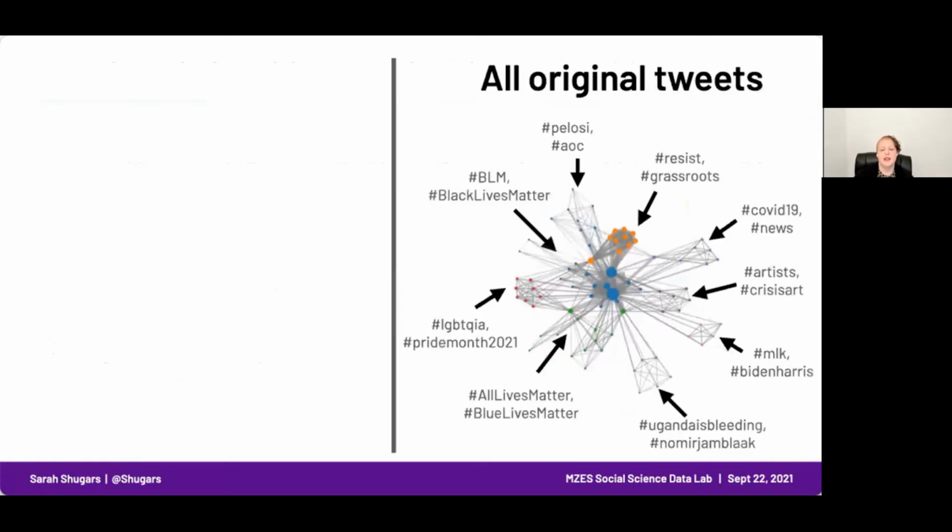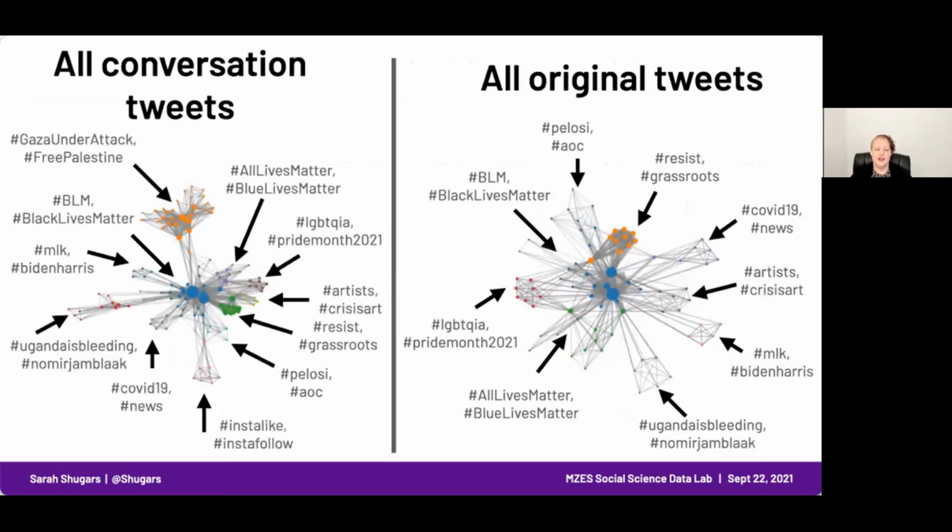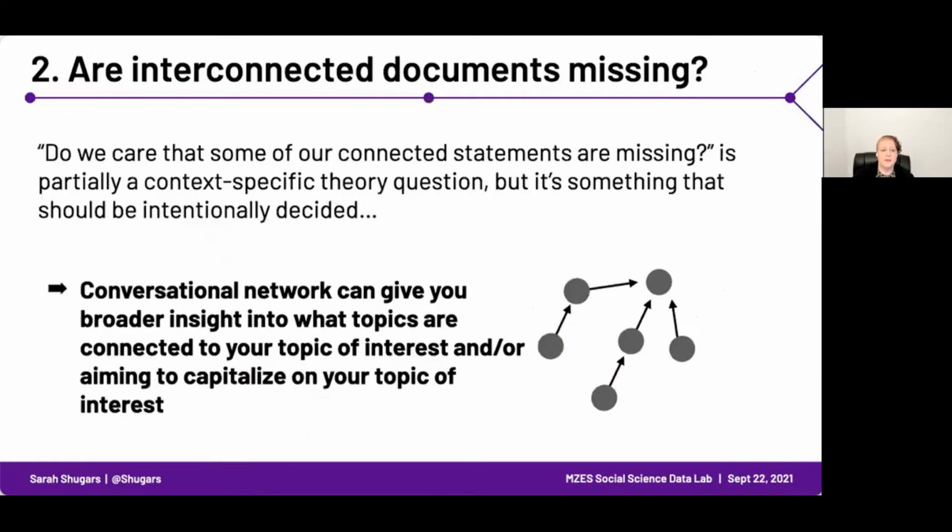Again, we can look at our original hashtag co-occurrence network, and then compare it to a hashtag co-occurrence network generated from this much larger corpus. Here we see a similar thing happening in reverse, where now there are whole new topics of conversation that didn't appear within our original corpus, but which seem to be talked about within this larger conversational corpus. Just from looking at the hashtag co-occurrence network, we don't really know what the relationship is between those topics.